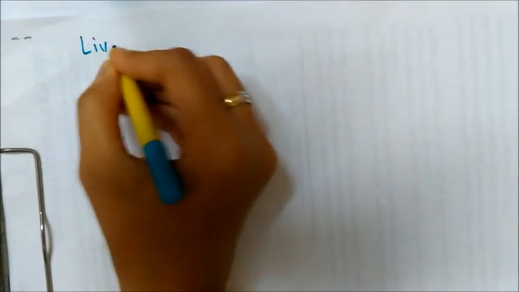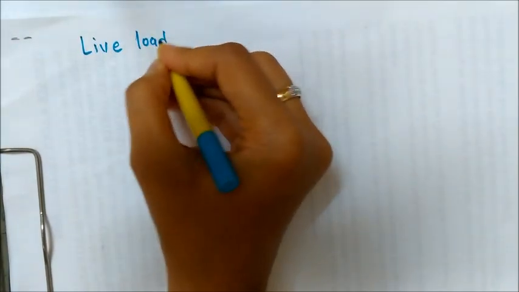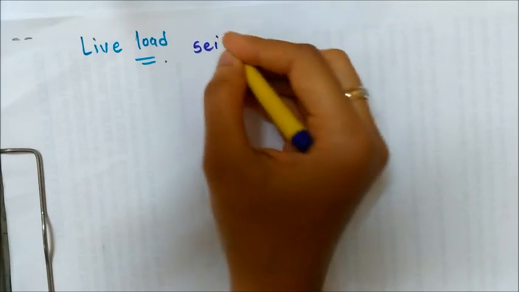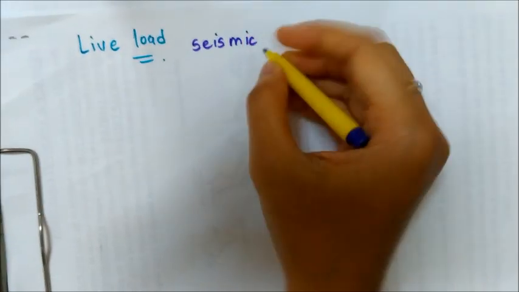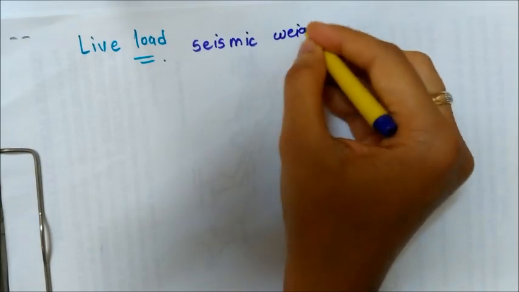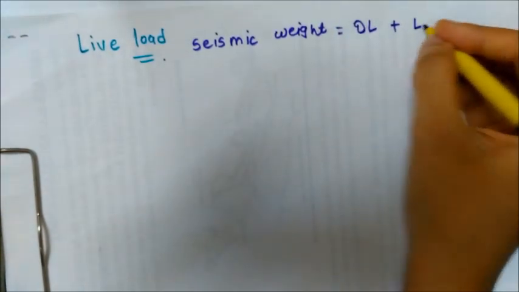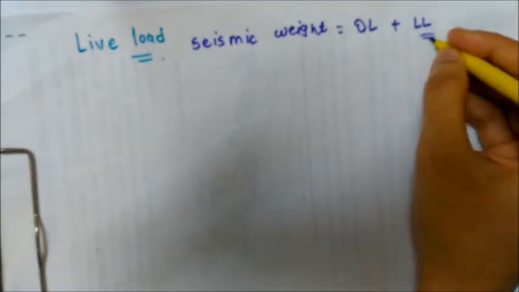Now let's see the calculation of live load. As we know, for the seismic weight of the building, we have to add both dead load plus live load. For the live load, we have to consider only some percentage of the actual live load acting on the building.